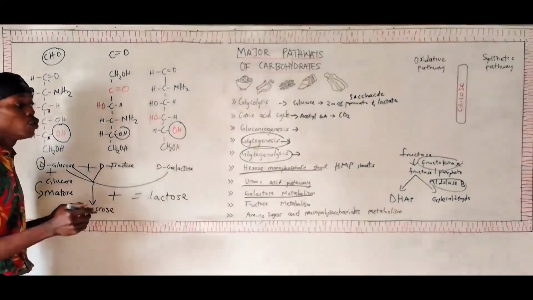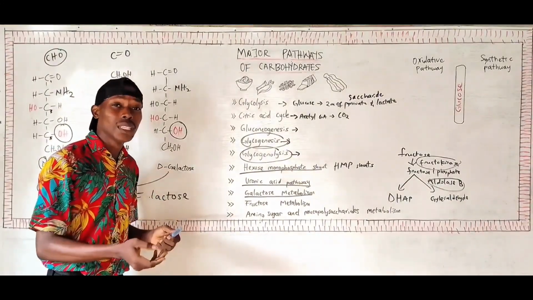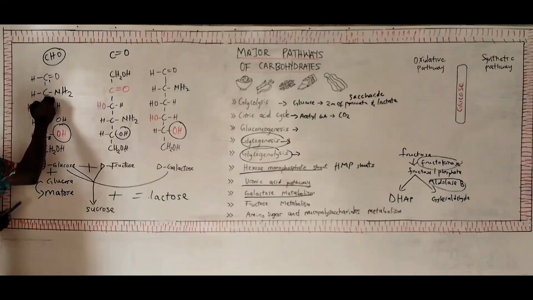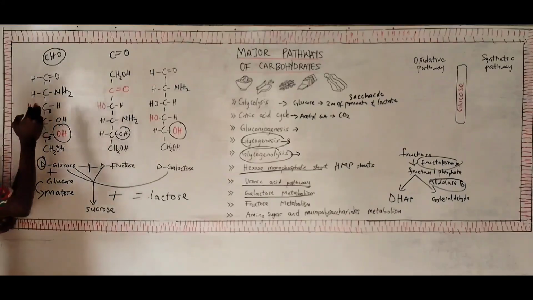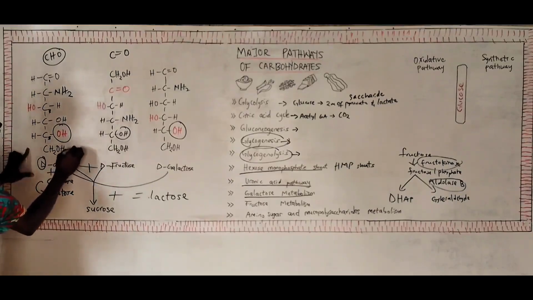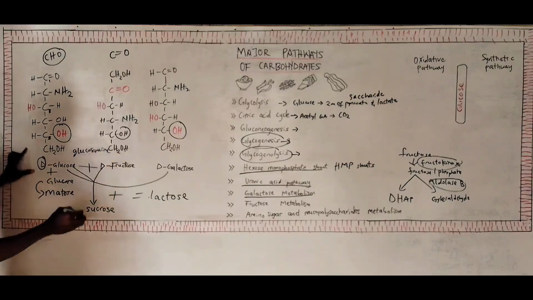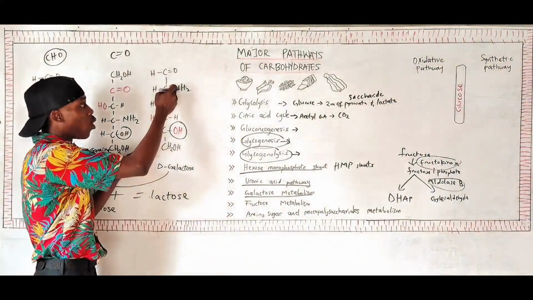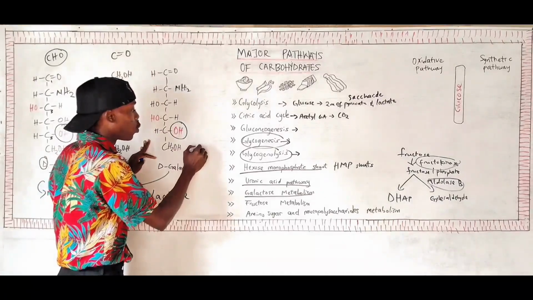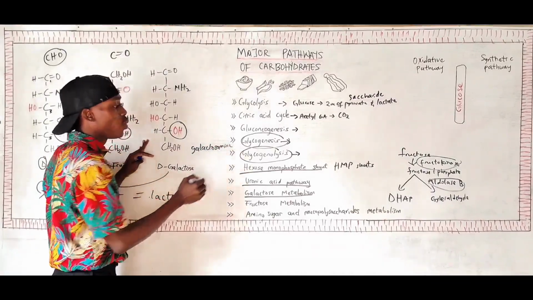An example of an amino sugar is glucosamine, galactosamine, and so on. So if we change one OH of glucose to NH2, then instead of glucose, we get glucosamine. And if we change one OH of galactose to NH2, we get galactosamine. Hope you understand that.